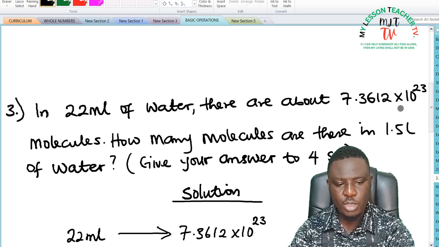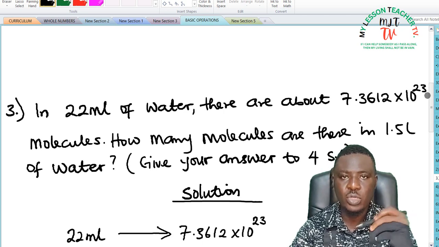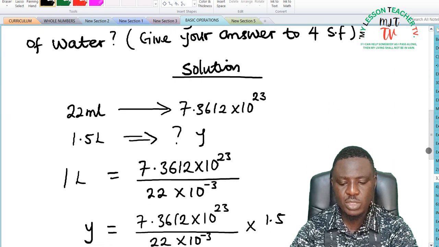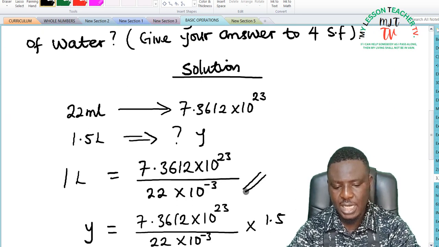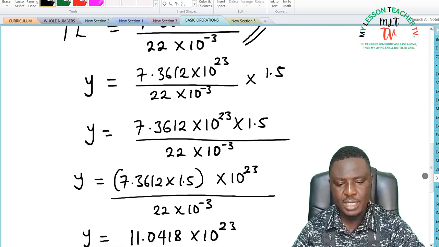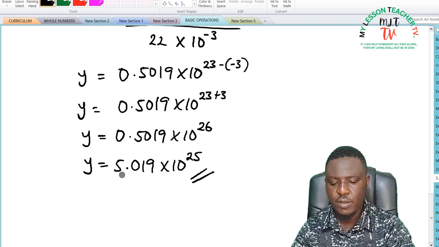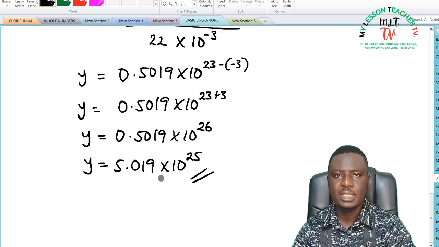By dividing 7.3612 times 10 raised to the power of 23 by 22 milliliters. And 22 milliliters is said to be 22 times 10 raised to the power of minus 3. That was what I did here. I thereafter multiplied it by 1.5, simplified, and got my answer to be 5.019 times 10 raised to the power of 25.